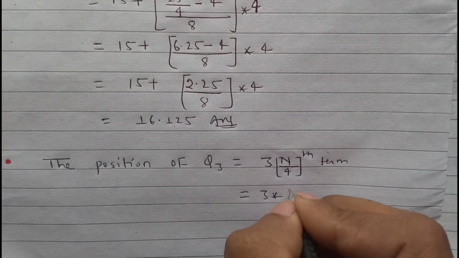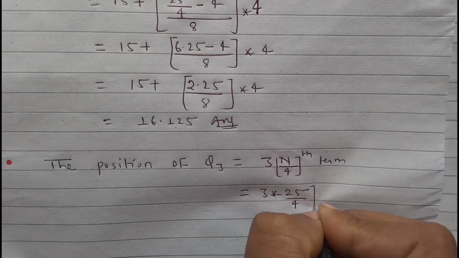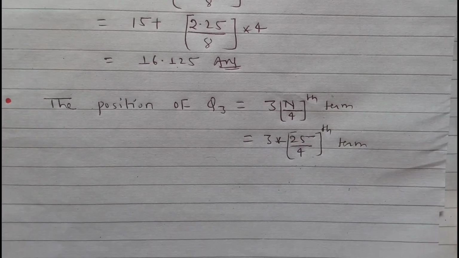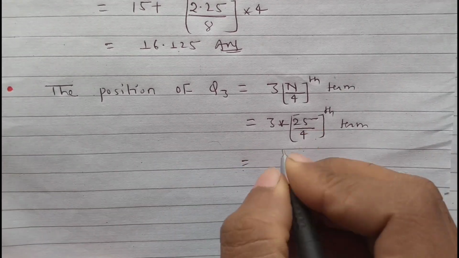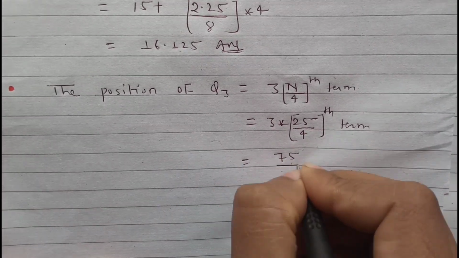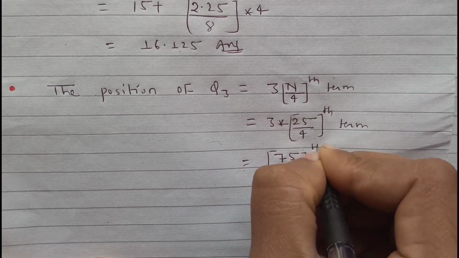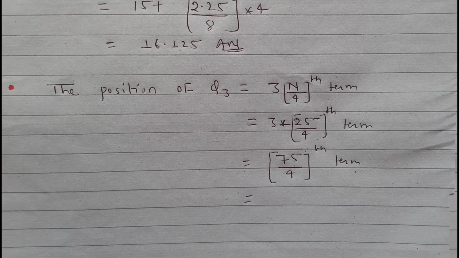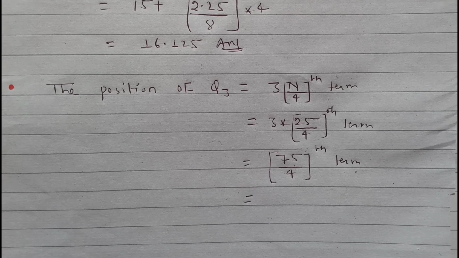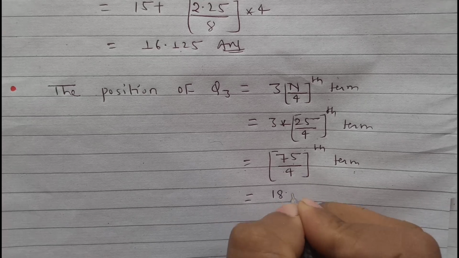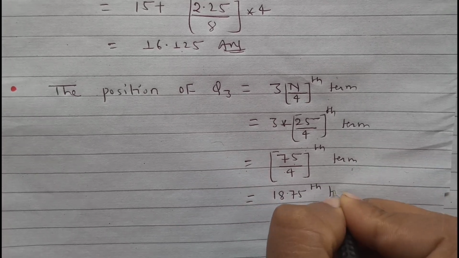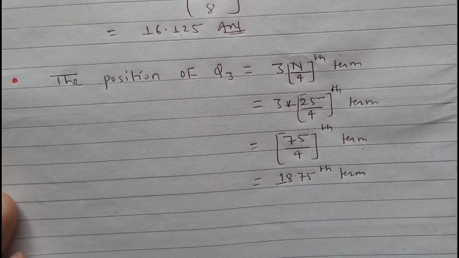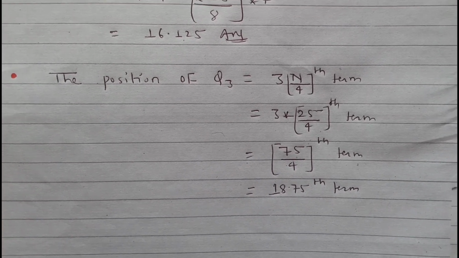So 25 into 3 is 75, divided by 4 term. Dividing 75 by 4 is 18.75 term. Clear?